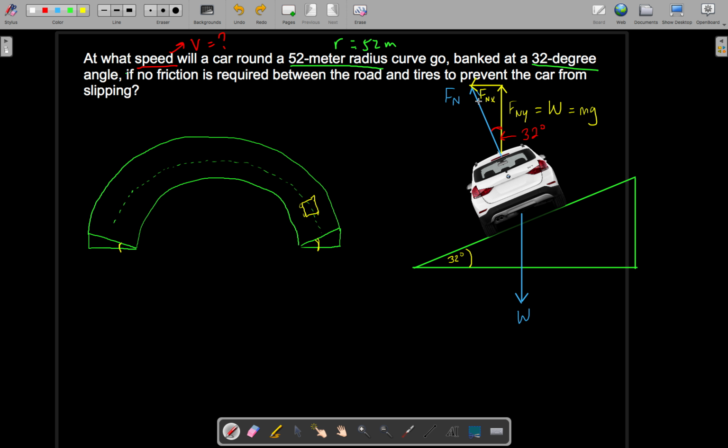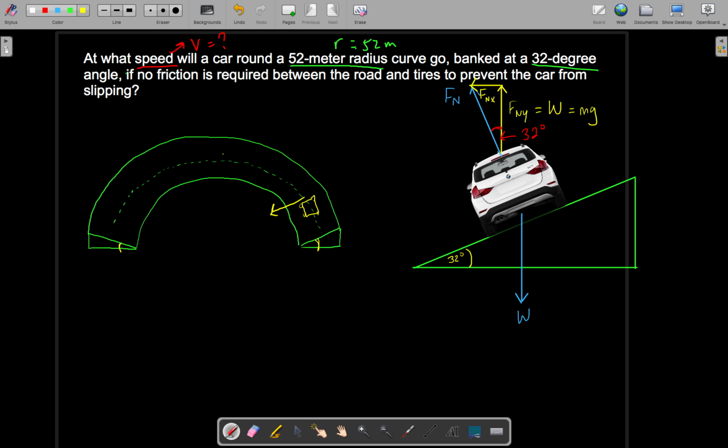Now look at your force normal x. You notice that it's pointing towards the left. So if I were to look at the force normal x on the bird's eye view of the banked curve, you'll notice that your force normal x is pointing towards the center of the curve, within the curve.